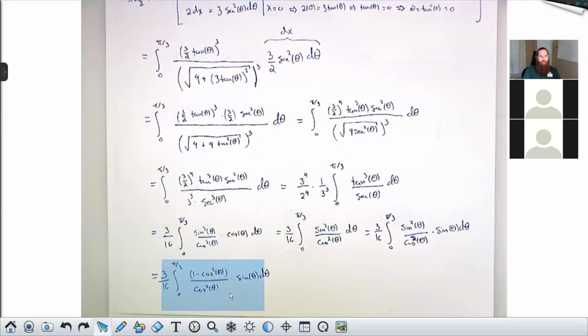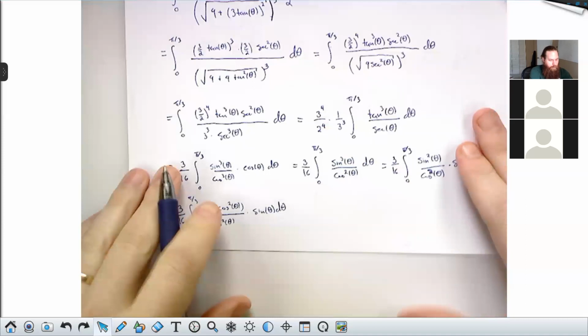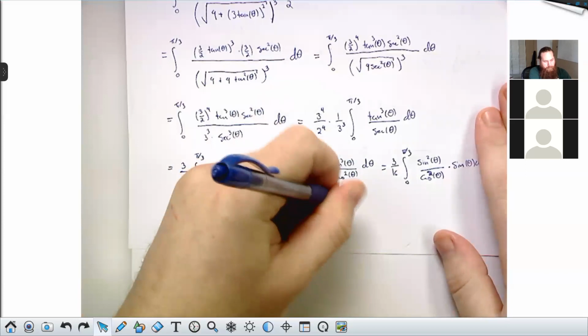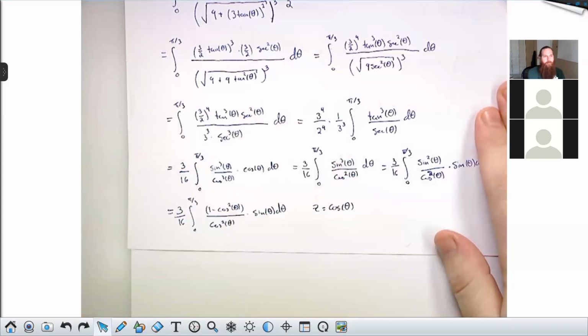So from this line, can anybody see what to do? How about this? Yeah, very good. Sub for cosine.